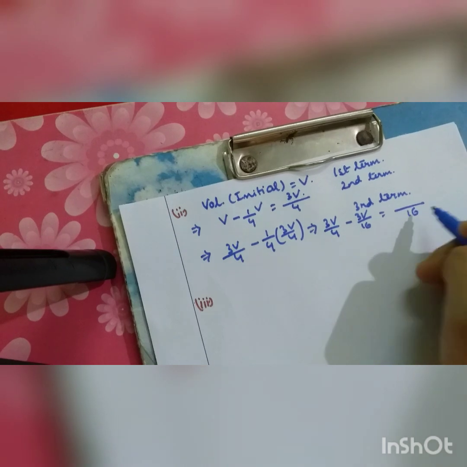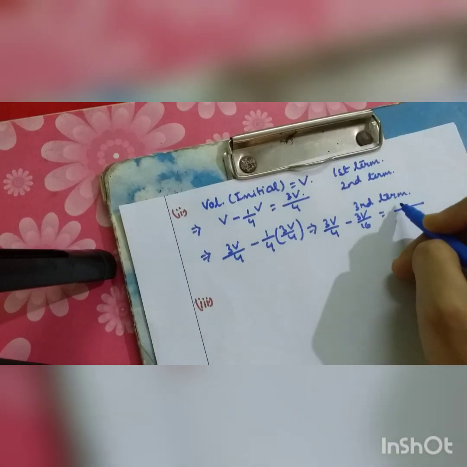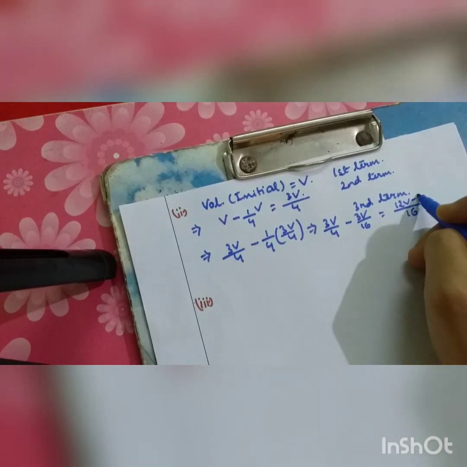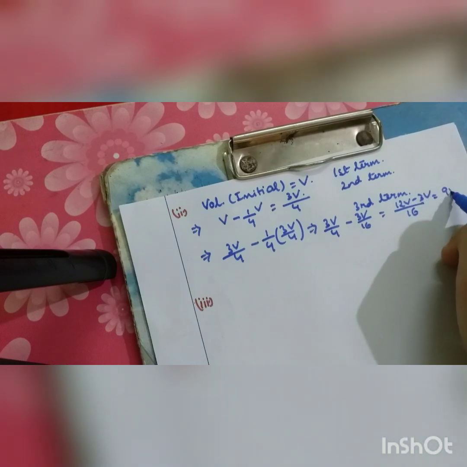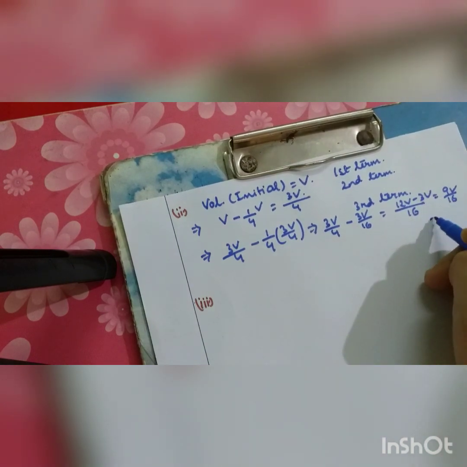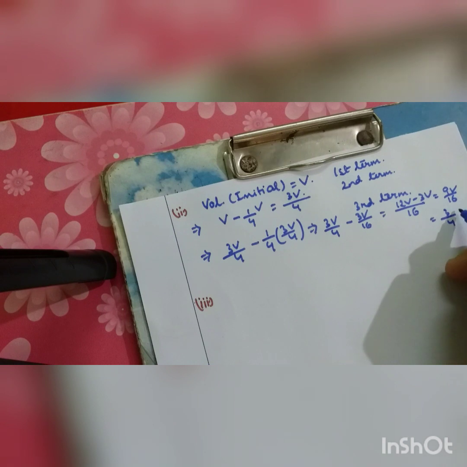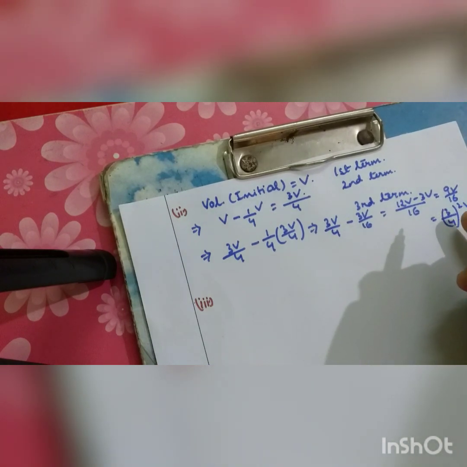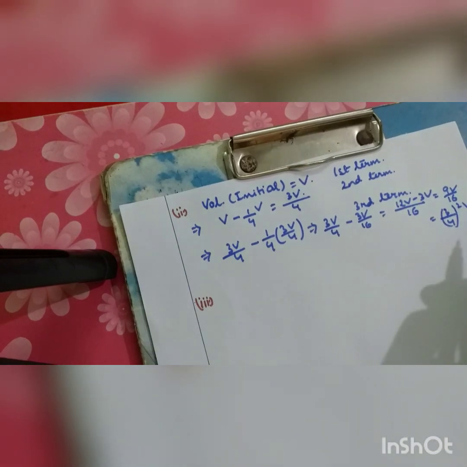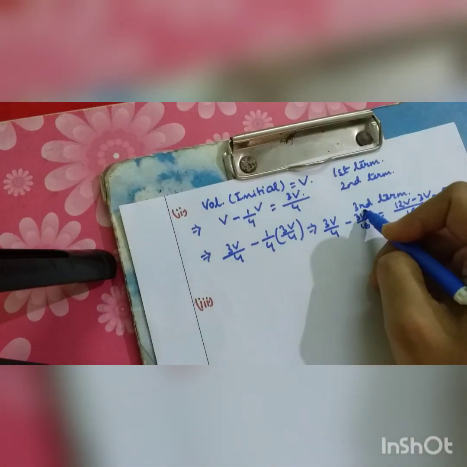When you take the LCM and solve, the LCM will be 16. Here it will be 12V minus 3V, so 9V by 16, or you can write it as (3 by 4) whole square into V, because 3 square is 9 and 4 square is 16. So this is our third term.